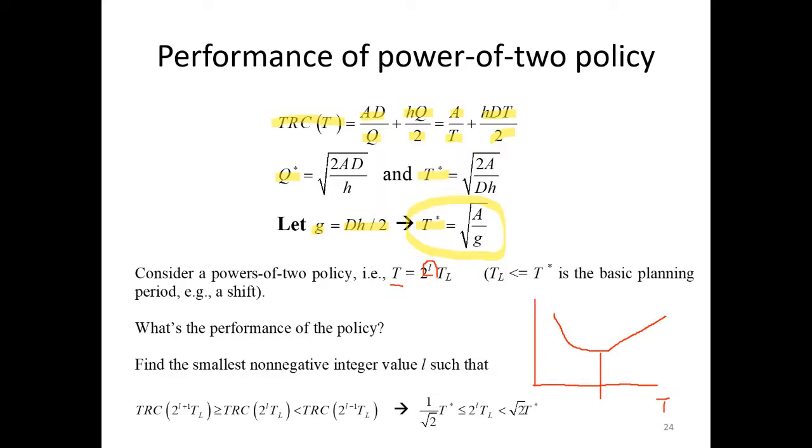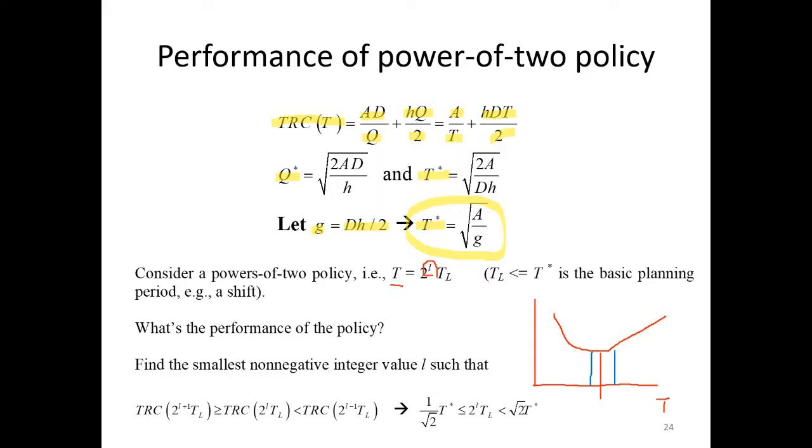And when I do that, I'm going to obtain a value that's not necessarily exactly T star. It's going to be either less than T star or greater than T star. This means I will have some deviation from the optimal value when I apply the power of 2 policy.